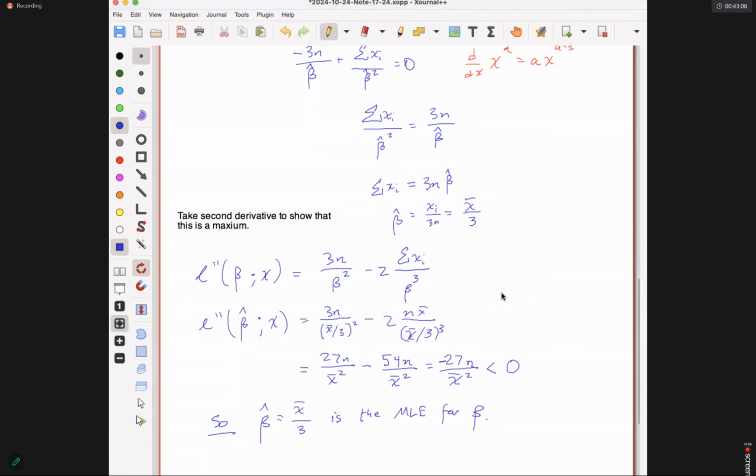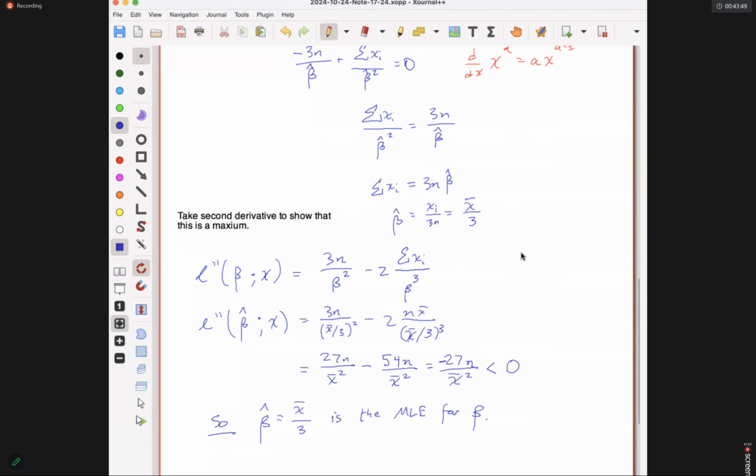Yes, this is what we just showed, because we found that x bar over 3 is where the first derivative is equal to 0. Does this make sense?